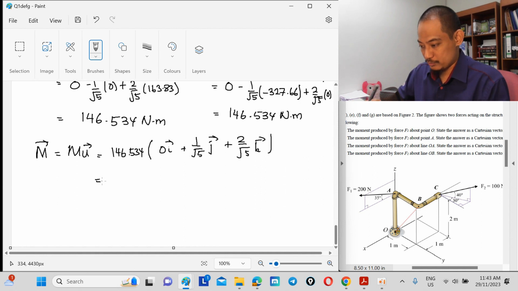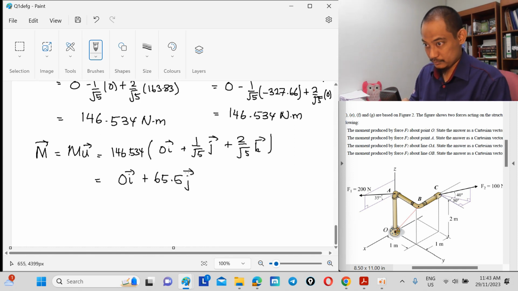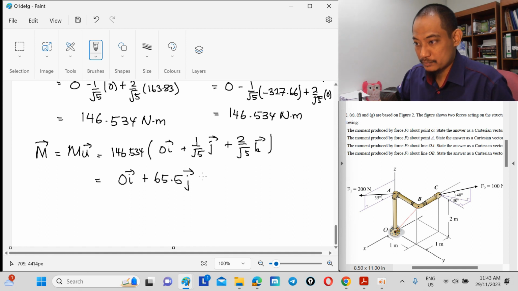I need to be doing jumping jacks or something. 65.5 j basically. 121.